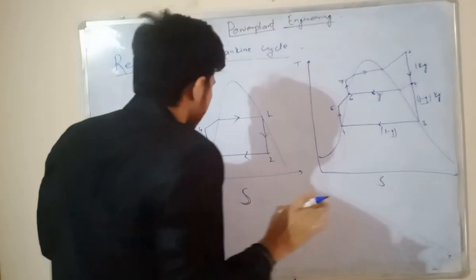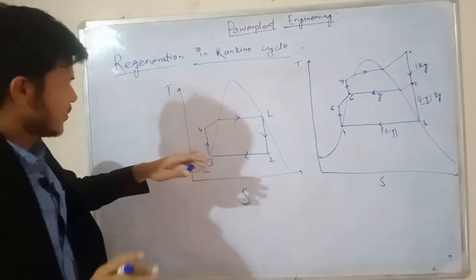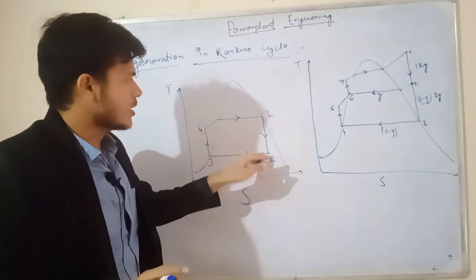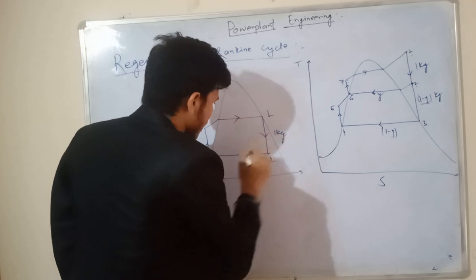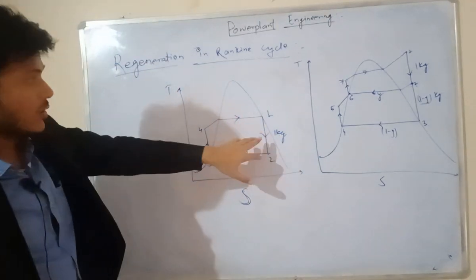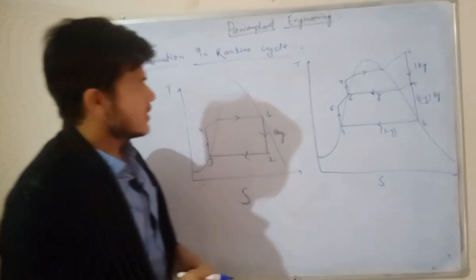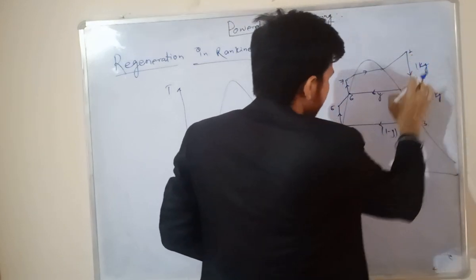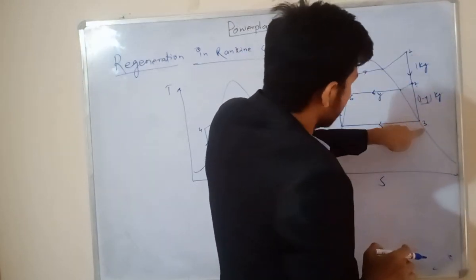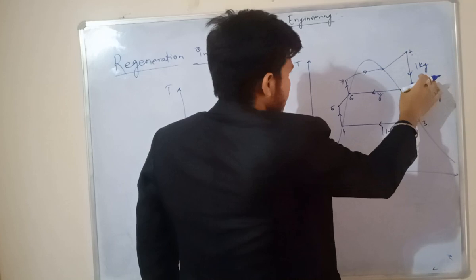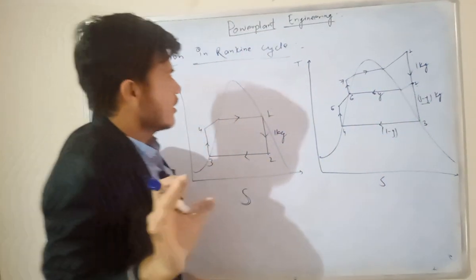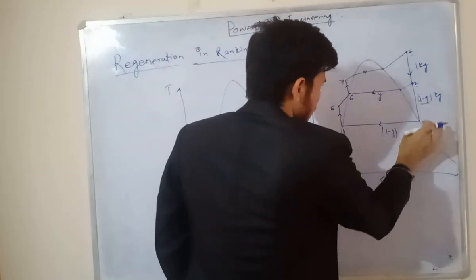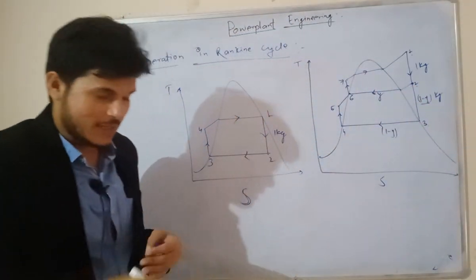Suppose in this case 1 kg of steam is entering into the turbine, 1 to 2. Total 1 kg of steam is expanding in one stage. But in this case, look here, 1 to 3. First, from 1 to 2, 1 kg of steam is expanded. Now from 2 to 3, 1 minus y kg of steam is expanded.